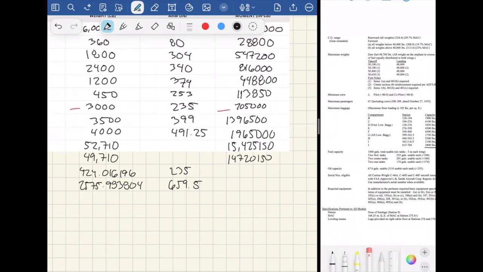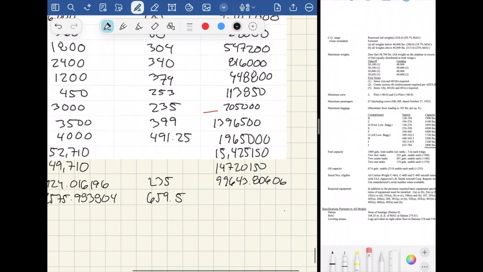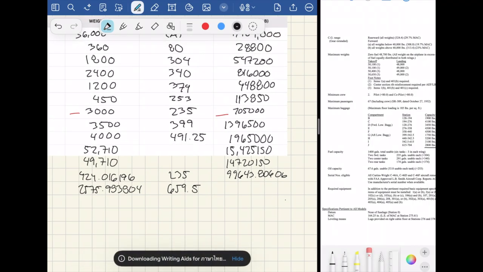So, we will now multiply. This will give us 99,643.80606. Let's double check. 424.016196 times 235. 99,643.806, alright.